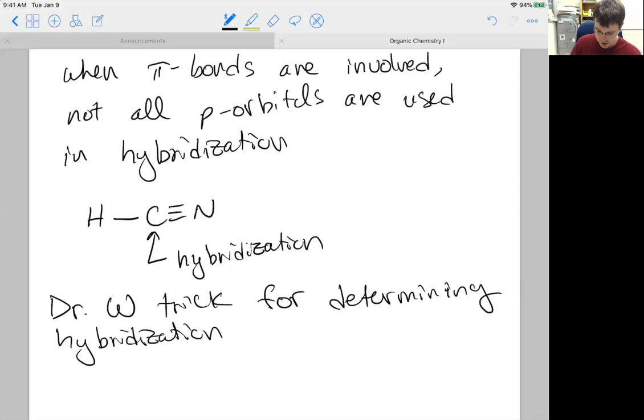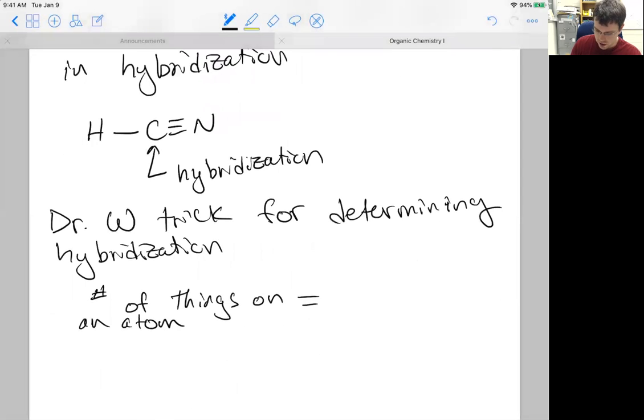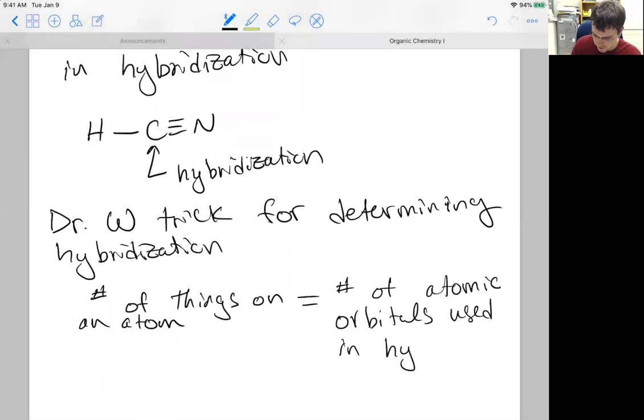The trick is the number of things on an atom is equal to the number of atomic orbitals used in hybridization. Okay, so that's my little trick. It works well if you know how to count things.